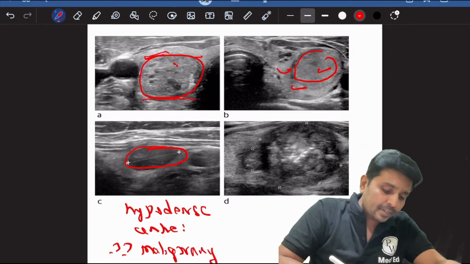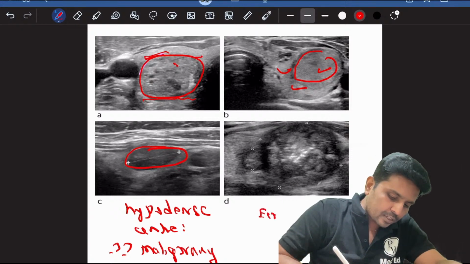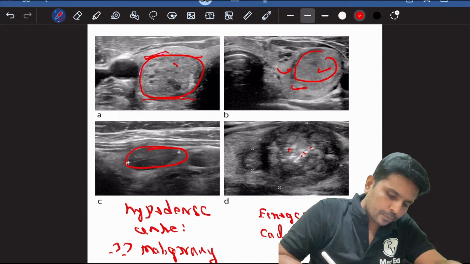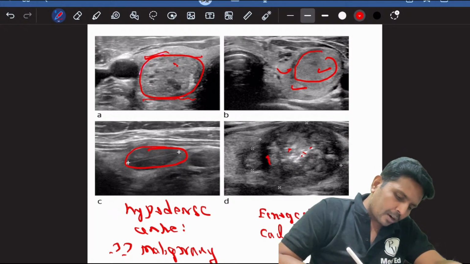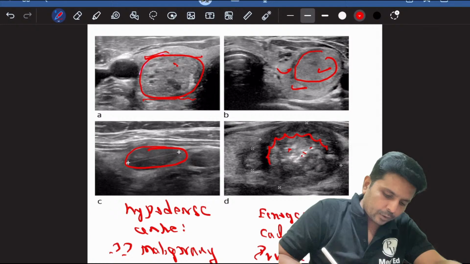But in the second one, look at this. There are echogenicities. In the last one, there are numerous echogenicities. They are nothing but calcifications. And look at this, the border is irregular.